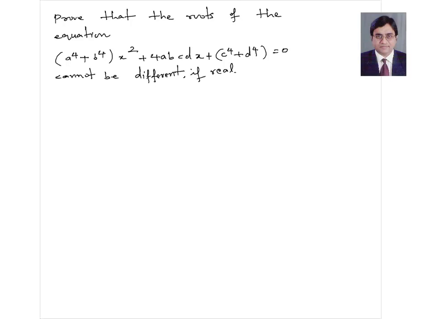So let me show how to get that. If real, that means this. So b squared minus 4 times c, this.